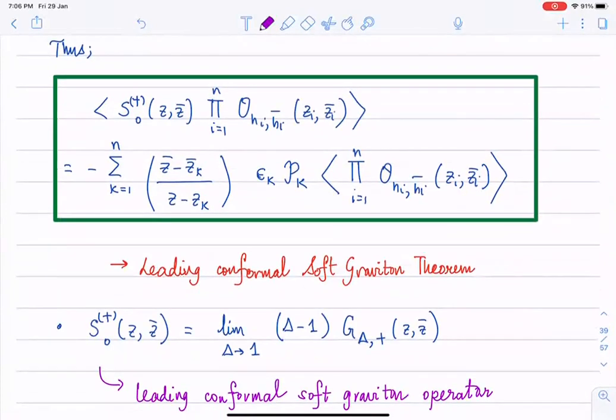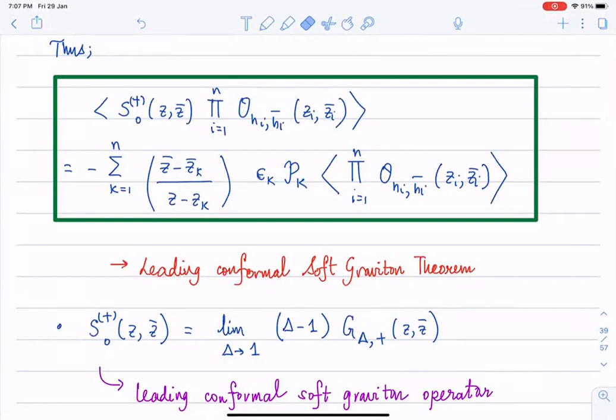You have some operator, which I have denoted here as S_0^+(z, z bar), and n other primary operators which correspond to the n other particles in your original amplitude. Such a correlation function factorizes in terms of an n-point correlation function. This statement about the factorization of the n plus 1 point amplitude in terms of an n-point amplitude is what I will call the leading conformal soft graviton theorem.